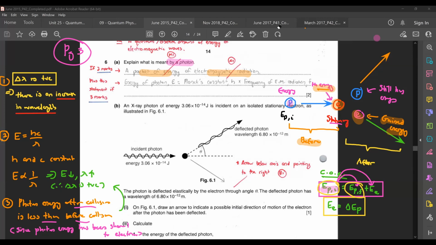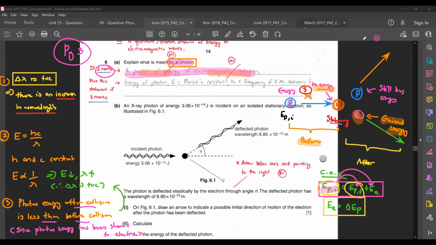But if, for example, they ask you to define what is a photon, and you notice that the marks given to you are not 2 marks but rather 3 marks, you will need to add another statement where you define the equation for energy of a photon. Meaning to say, if the question is worth 2 marks, you will just write the first line only. It's a packet of energy of electromagnetic radiation.